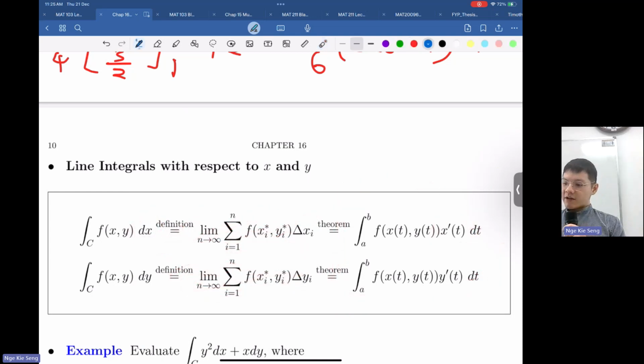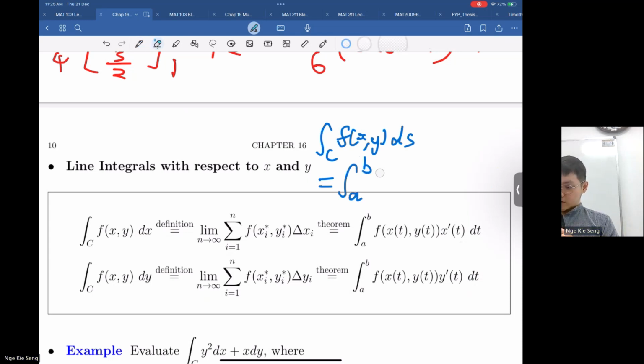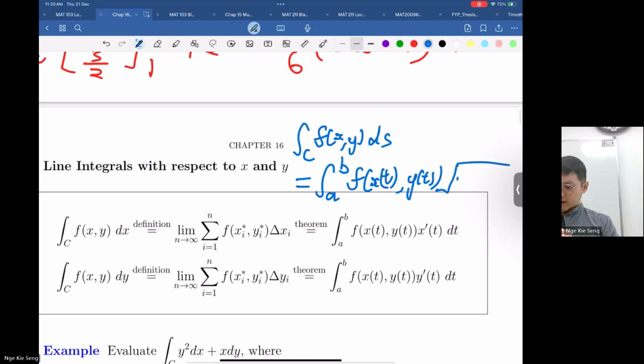So what's the relation to the line integral just now? Just now we had a factor of square root of x prime t squared plus y prime t squared.